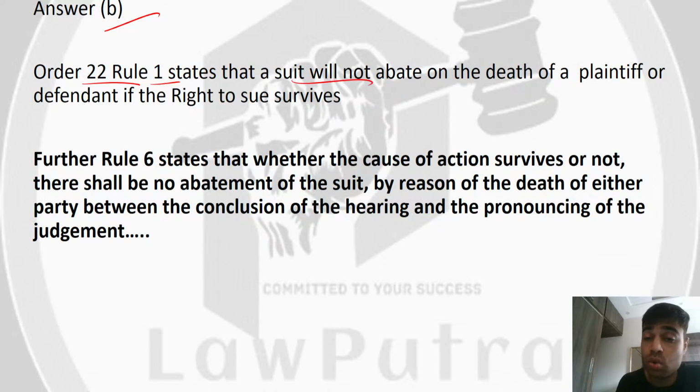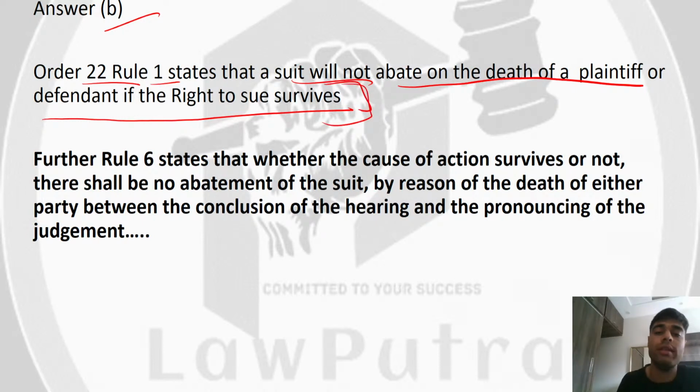It states the suit will not abate on the death of a plaintiff or defendant if the right to sue survives. So if the right to sue survives, then even if either the plaintiff or the defendant has died, the suit will not stop just because of their death.